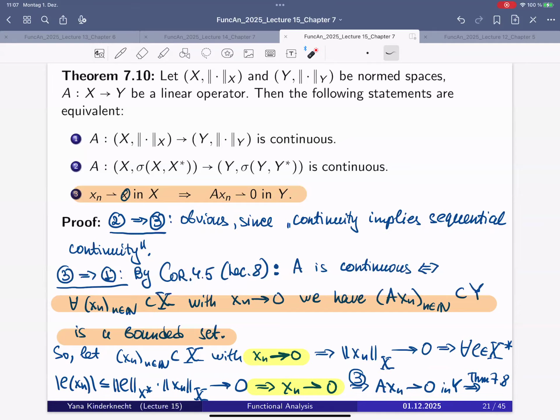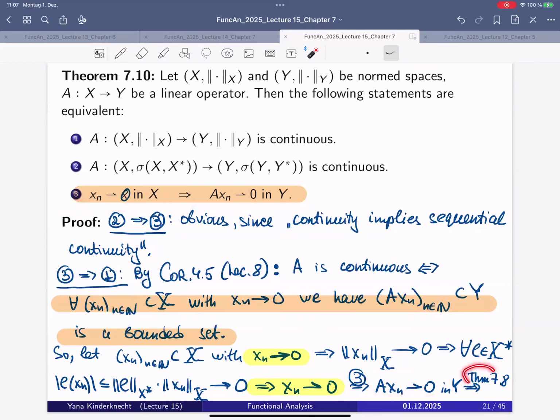I have no place to write it down, so I need to wait until you are finished, and then I write it down on the next slide. But that's it, actually. We assume that this holds, hence this holds, hence we apply number 3, hence this holds.